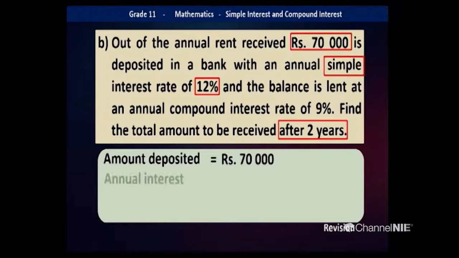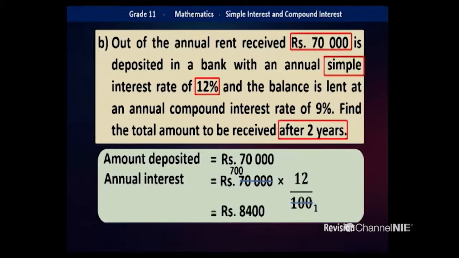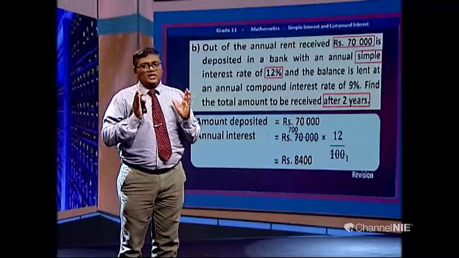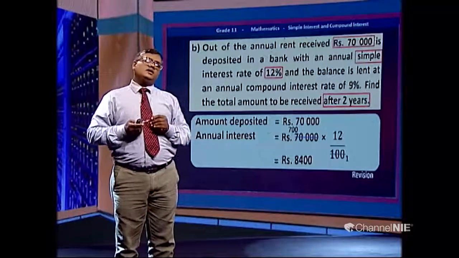Then this 70,000 is deposited at 12% interest rate, 70,000 into 12 upon 100. When you divide 70,000 by 100, the answer is 700. 700 into 12, 8,400 per annum. For 1 year, it is 8,400.